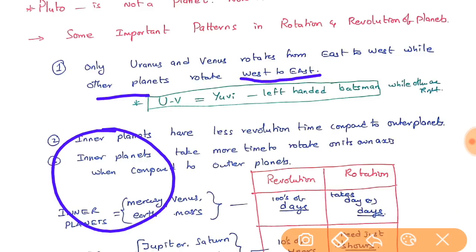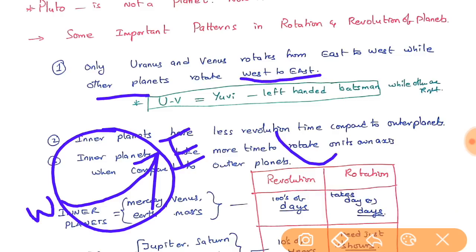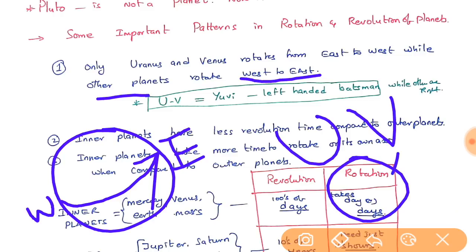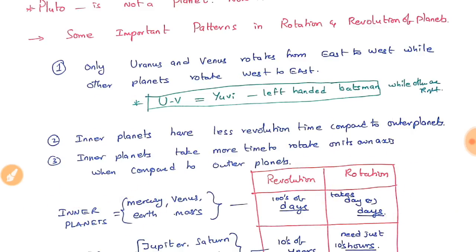Suppose this is west and this is east. Our Earth rotates in this way, from west to east, friends. But only Uranus and Venus rotate from east to west. East to west, friends. How will you remember?